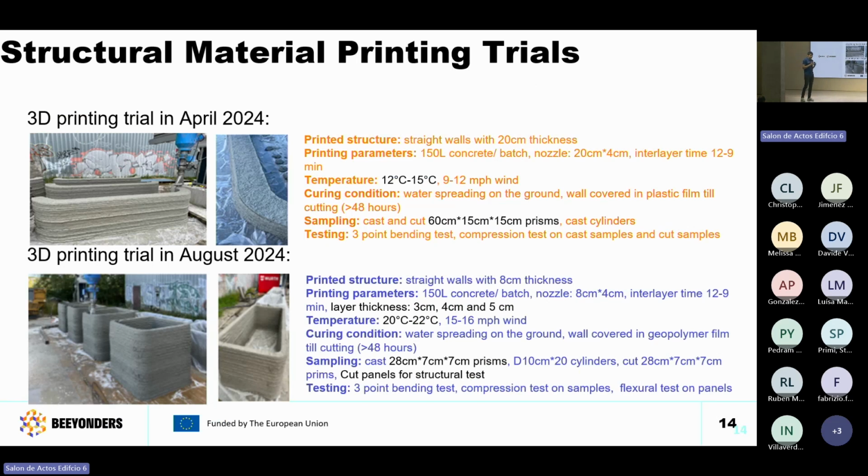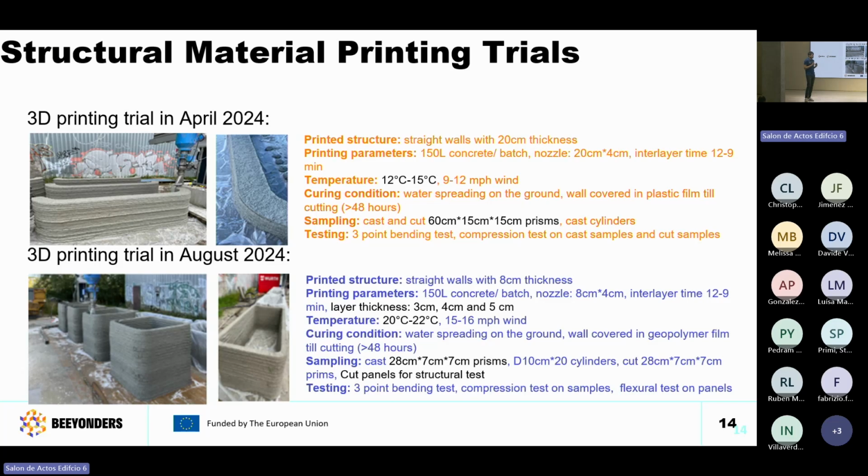Once lab validation is done, we moved to the operational environment of those materials. So this slide shows the 3D printing trials we have carried out for validating the material processing parameters and the in-situ material properties under different 3D printing conditions.